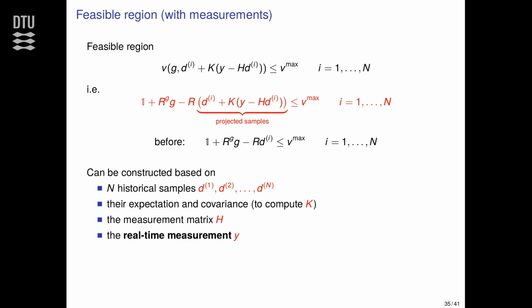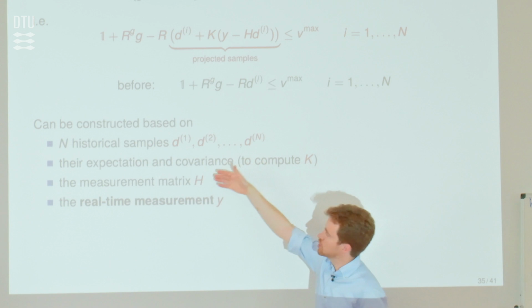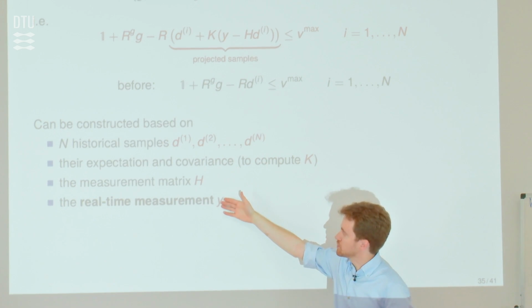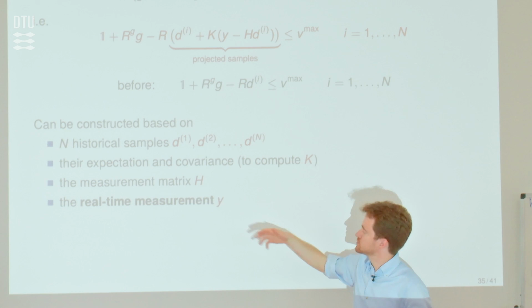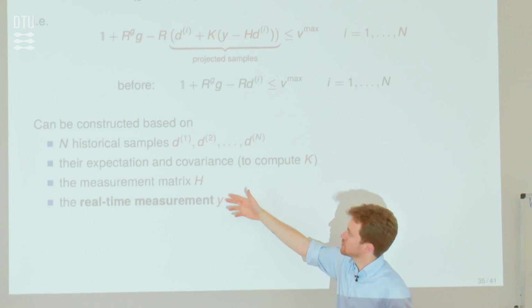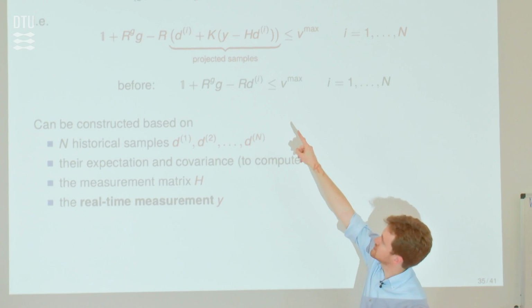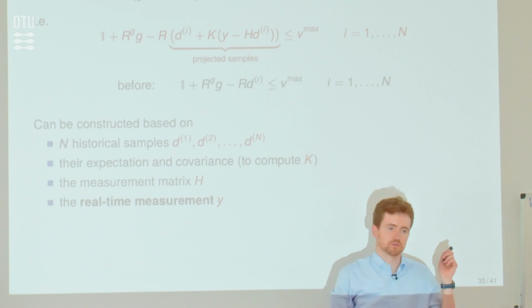So in your code, you take all the samples, compute expectation and covariance, compute K, you know what H is, you take your measurement, just make up a measurement of some kind, and with this information, I compute the projected samples, and then I solve the chance constraint optimization problem.